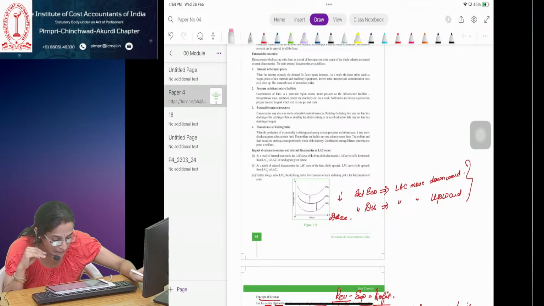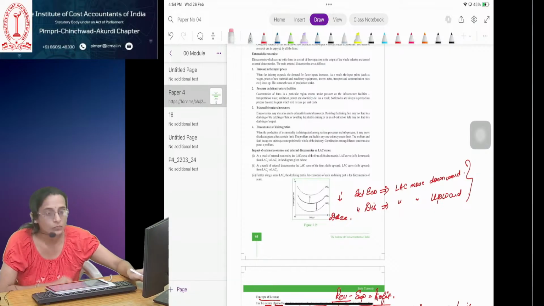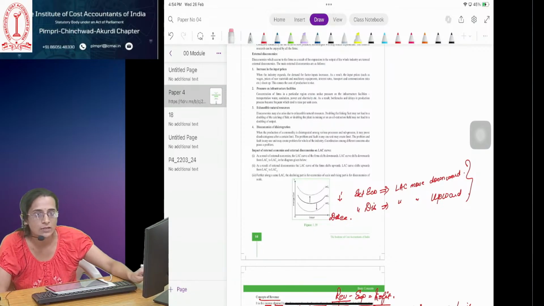Pressure on infrastructure facilities. So what happens? Again, the demand for raw material will increase. So what it will bring is pressure on infrastructure facilities like roads and transportation facilities. It will create a large scale bottleneck.